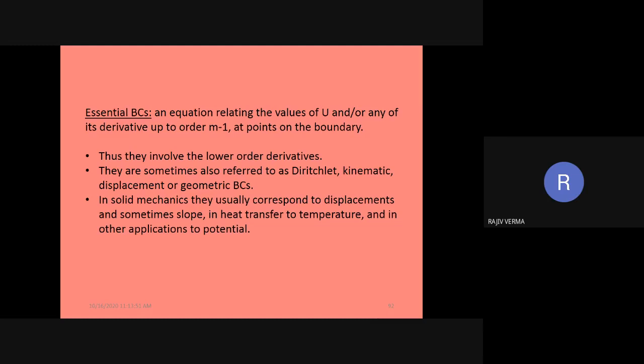Now, talking in terms of solid mechanics, these essential boundary conditions usually correspond to displacement and sometimes slopes. In heat transfer problems, essential boundary conditions correspond to temperature, and in some other formulations, they are simply referred to as potentials.